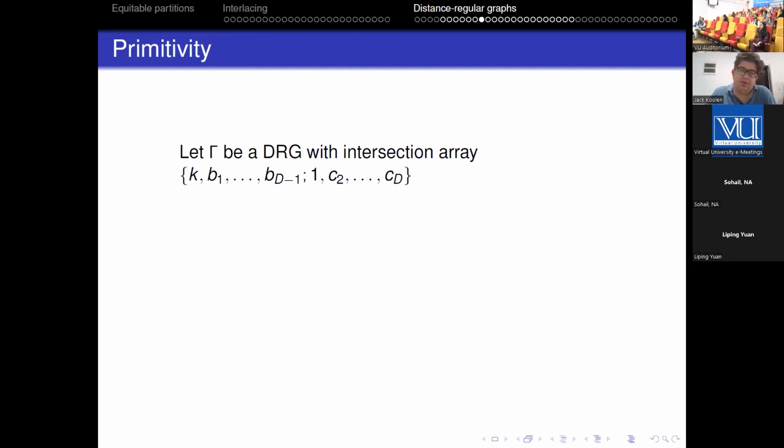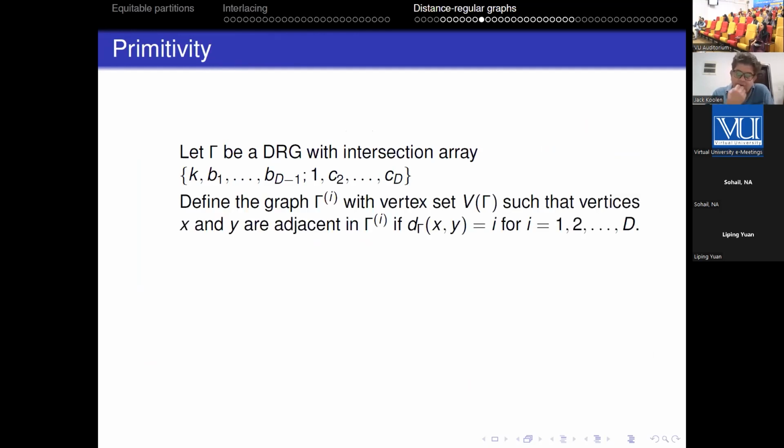So now I will start with primitivity because I want to introduce one nice problem. What you need to do for that, you look at the gamma_i graph. That means you take two vertices at distance i, and you call that the new adjacency, that is gamma_i. So you join two vertices when they have distance i in gamma.